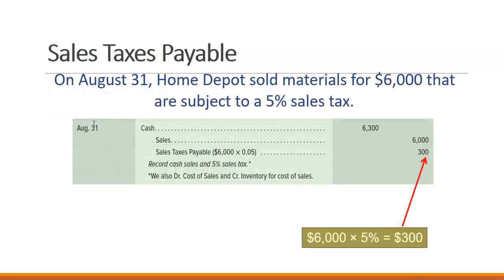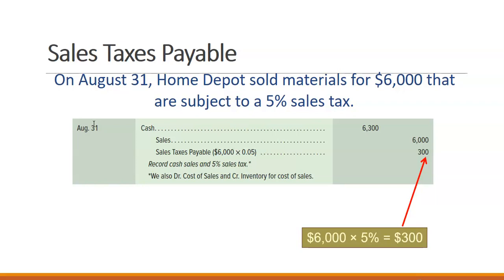One of those is sales tax payable. If we sell inventory or services, as a company, we are responsible for collecting the sales tax amounts on those. Then we're responsible for paying the state for those sales tax amounts that we collected. So we can see here that in this transaction, we have a 5% sales tax that we collect.